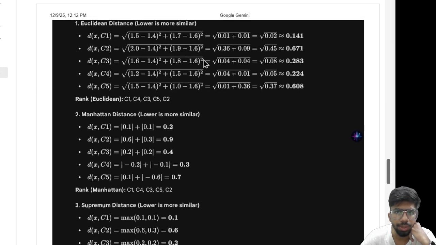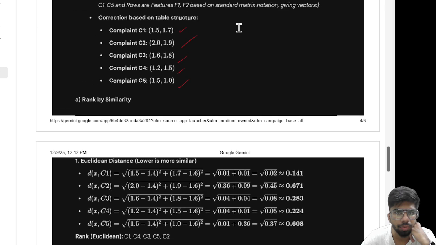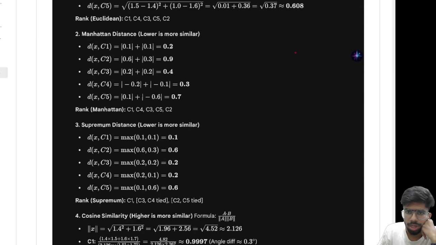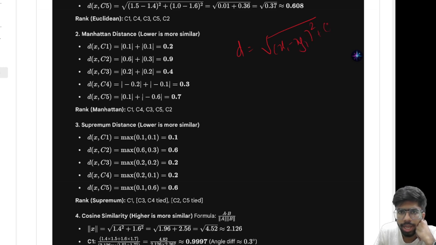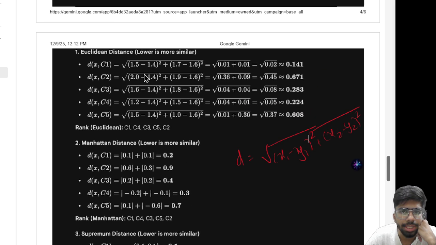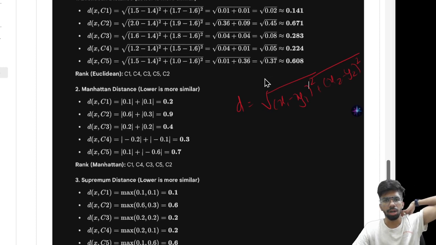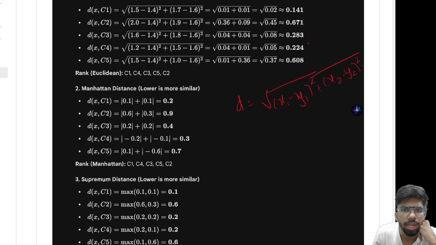Okay, so ranking using Euclidean distance, its formula is d equal to root of (x1 minus y1) square plus (x2 minus y2) square. So we calculate each distance between our query vector and the complaint vectors, and it turns out to be all these values.